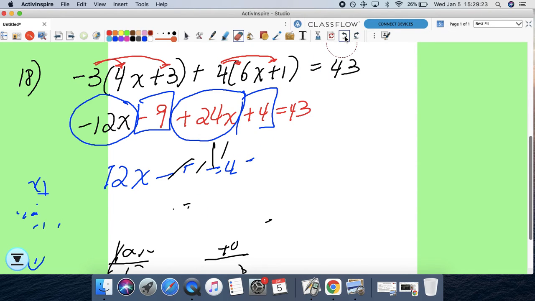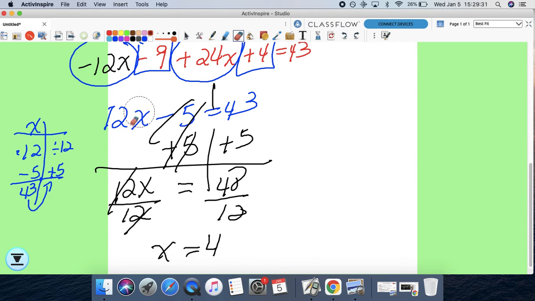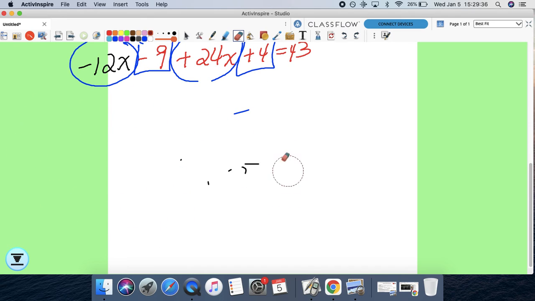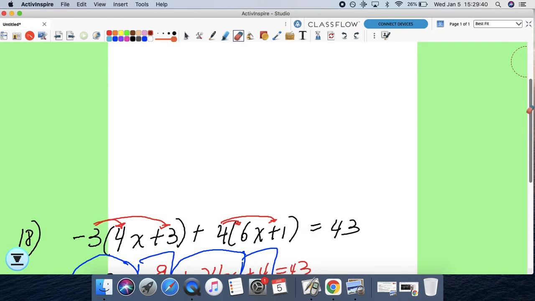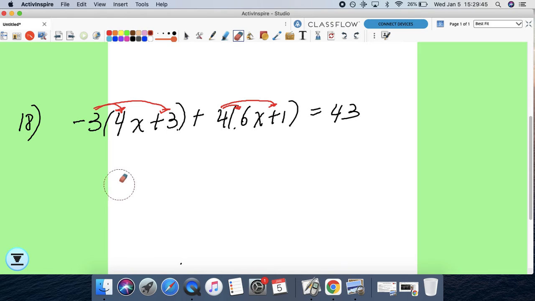Before I erase everything, I gotta figure out the answer was, yeah, x was 4. Okay. So x equals 4. Let's substitute. So over here and over here, I'm going to change it. It's 4.